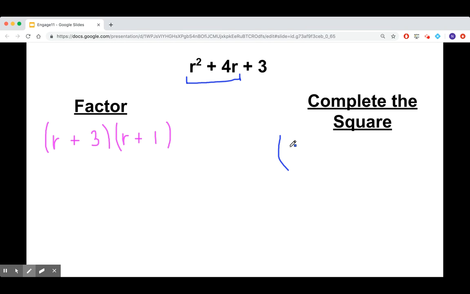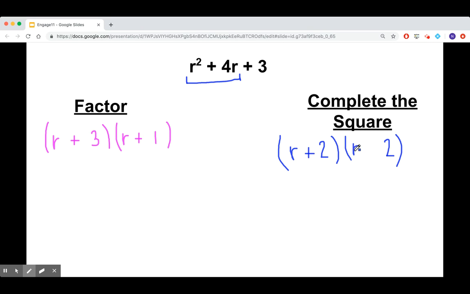We know that the first thing in both parentheses will be an r value by itself. And whatever term comes after r will need to add to 4r. Because, of course, when we multiply these two numbers, we'll get the third term, but we know that we need to add them together to get the second term.